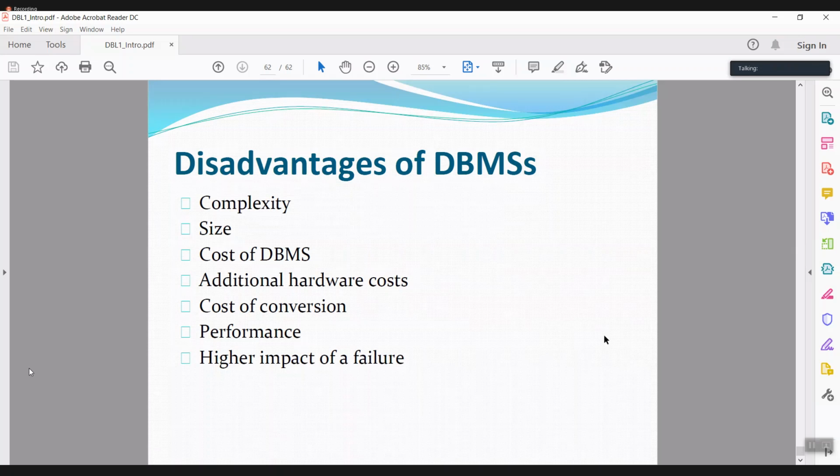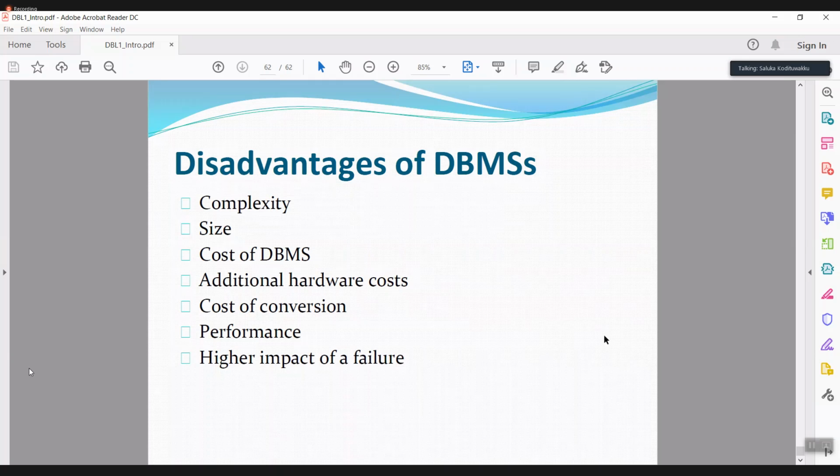And then the next one is the cost of conversion. When the user requirements change, the presently used DBMS may not be good enough to maintain or manage the data, because on the one hand requirements evolve, and on the other hand the amount of data to be managed is ever increasing.